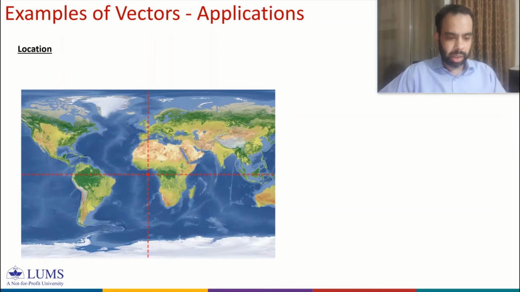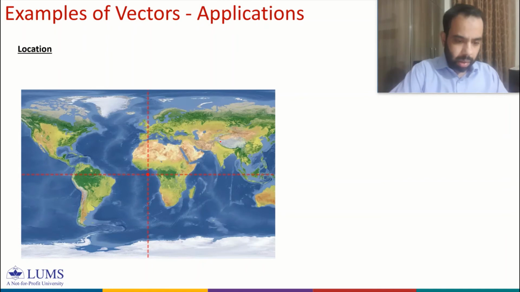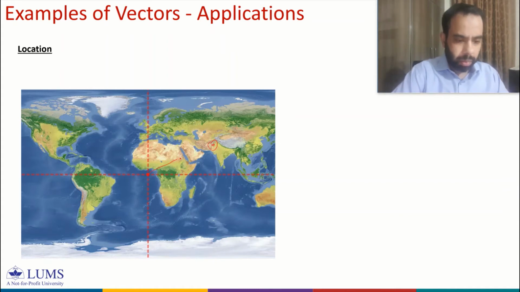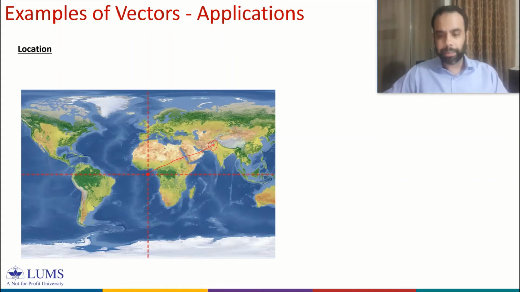If you move along this axis, you move towards south in degrees. So for example, we are sitting somewhere here in Lahore, which is in fact 31.5 degrees north and I think 74.3 degrees east, and that can be represented by this vector. In fact, it's a point. A point is a vector. We already know this, right? So a location anywhere on Earth is in fact a vector.